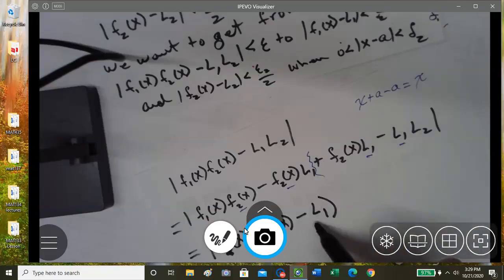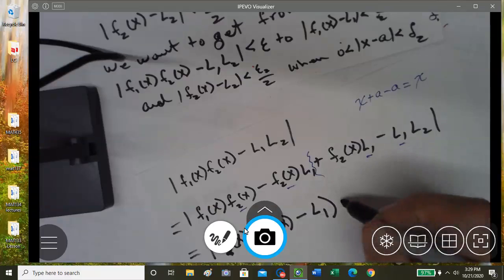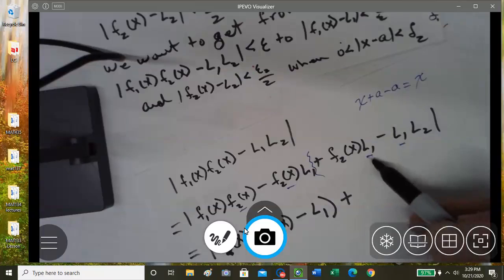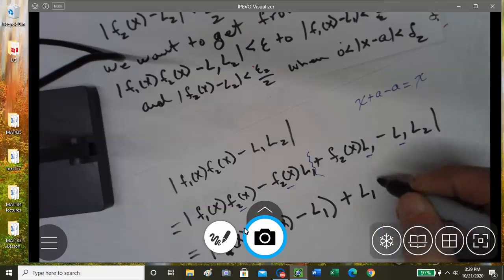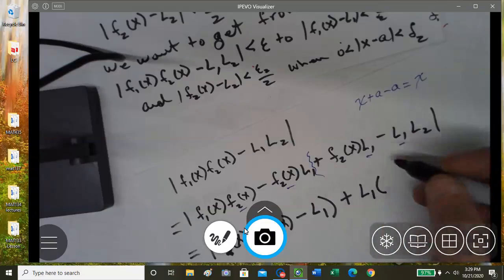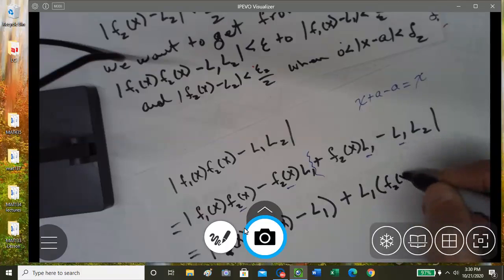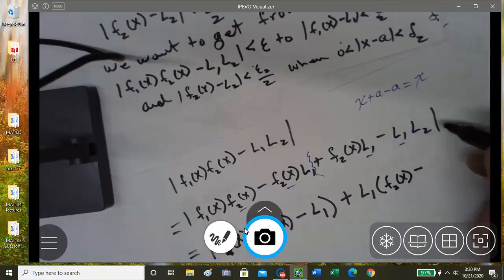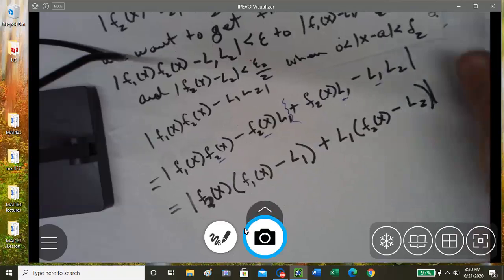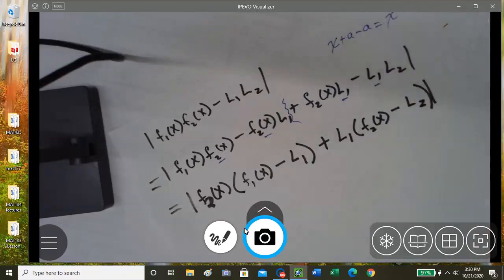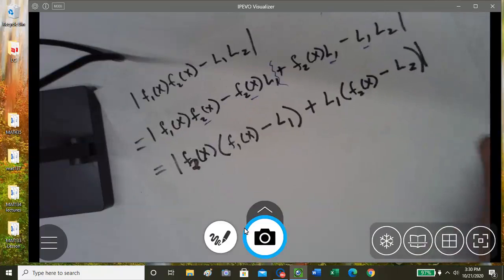So we've gotten f1(x) and L1 together. That's what we wanted. Plus, now we're going to factor out L1. Factoring L1 from f2 gives f2(x), and from L1 L2 leaves an L2, minus L2, and close that parentheses. So that's what we have so far.